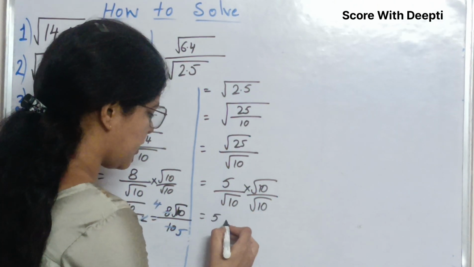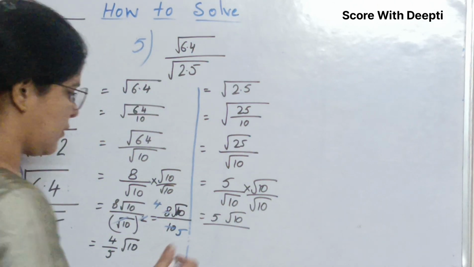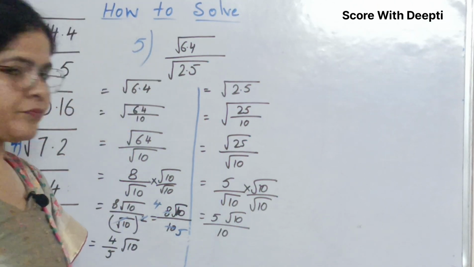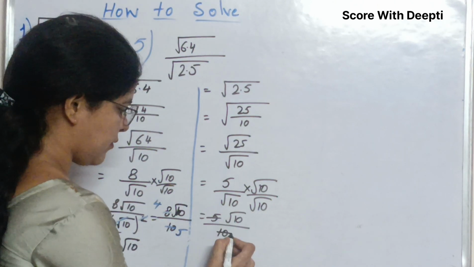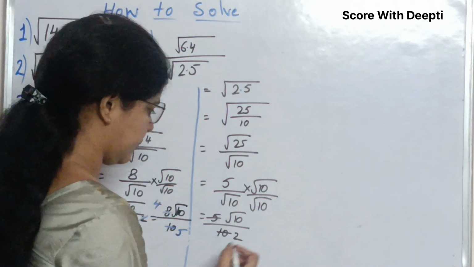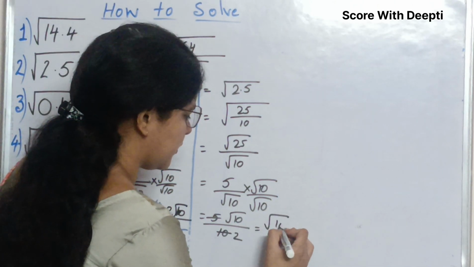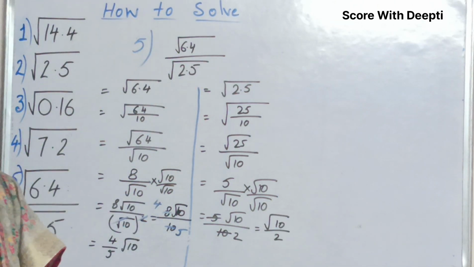Next, 5 square root 10 over square root 10 comes 2 times, which becomes 10. 5 2s are 10, and we get square root 10 over 2.